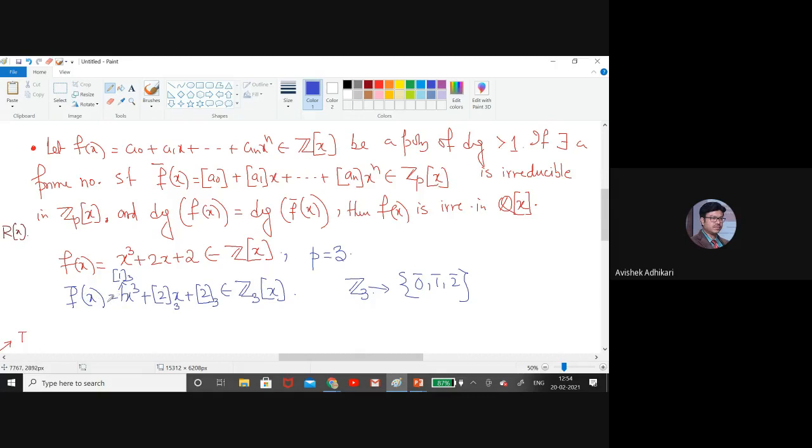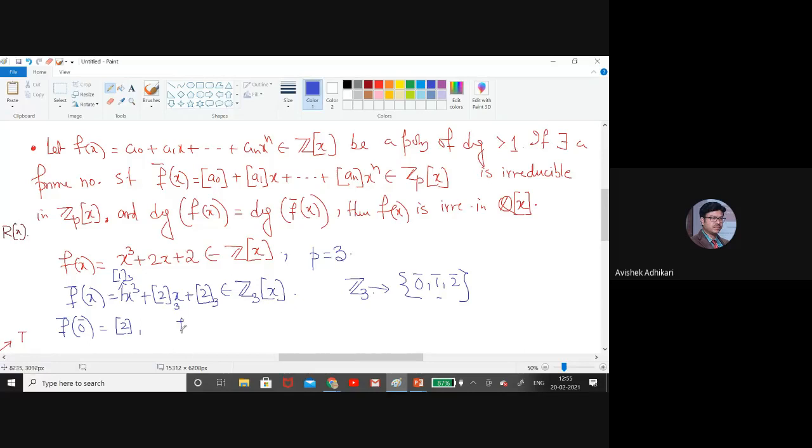If f bar(x) vanishes for some of 0, 1, or 2, then you can say there must be a root there. But if you find that none of 0, 1, or 2 makes f bar(x) zero, then what will be your conclusion? There will be no root within Z3. So let us find f bar of 0 class. If you put 0, it becomes class 2.